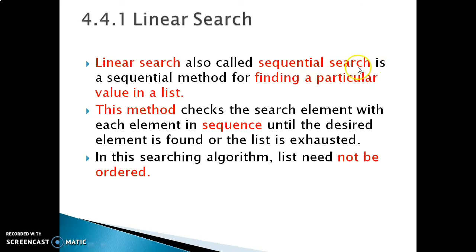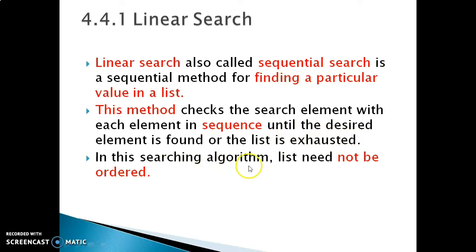It is a sequential method for finding a particular value in a list. This method checks the search element with each element in sequence until the desired element is found or the list is exhausted, that is, the list ends.